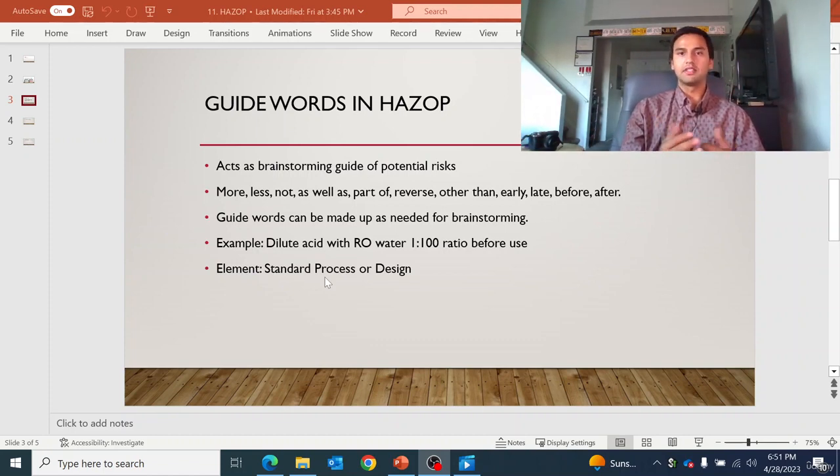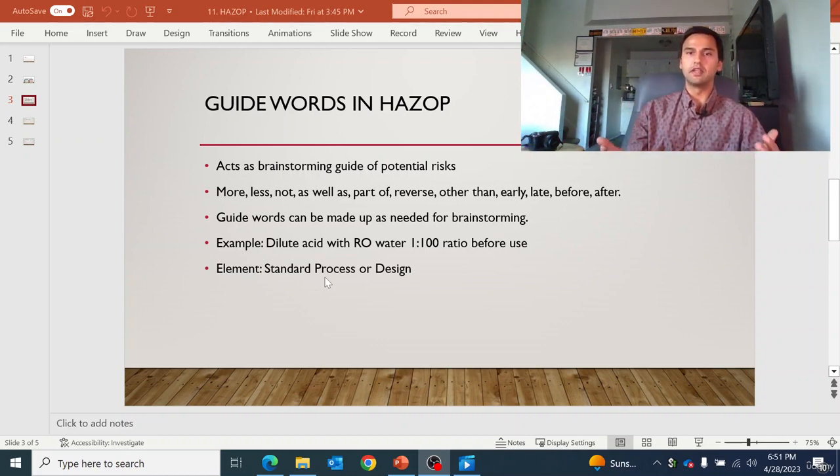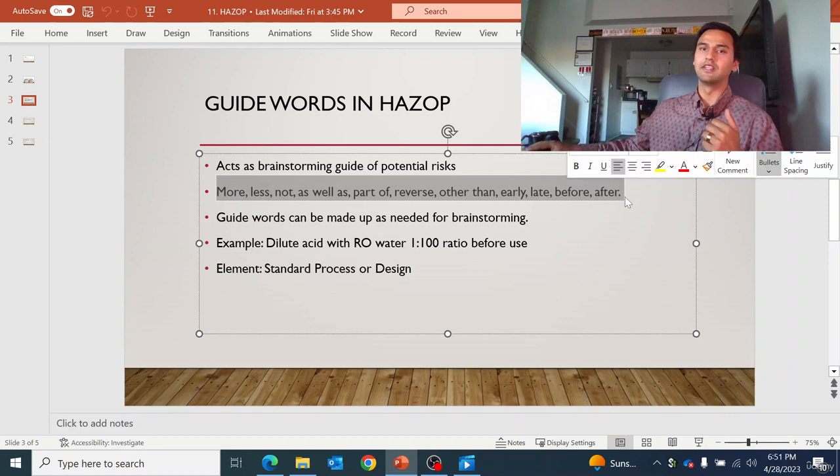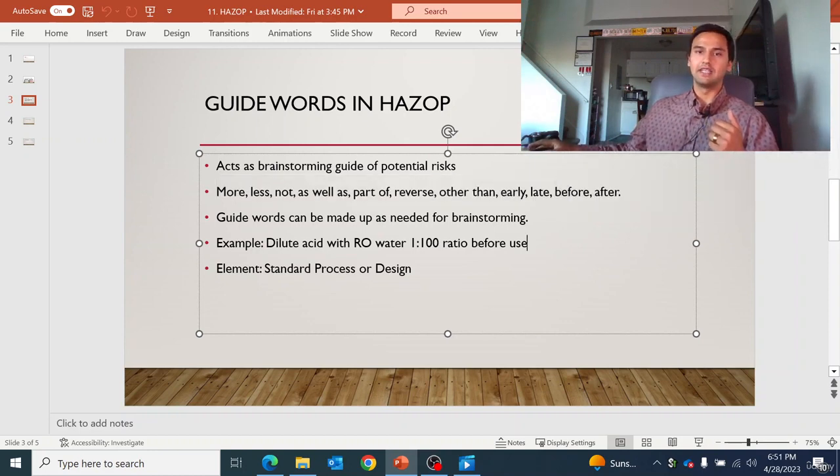If you have a process that does not apply any of these guide words, which would be very rare from my experience, then with the guide words that we have shown here, most likely you might not need any more. And the guidelines even specify just this many guide words. So that's something about the guide words, and you can make deviations using them.